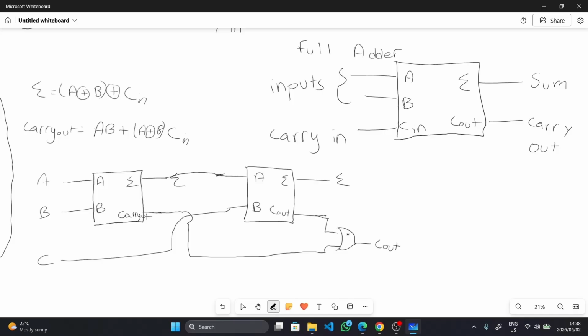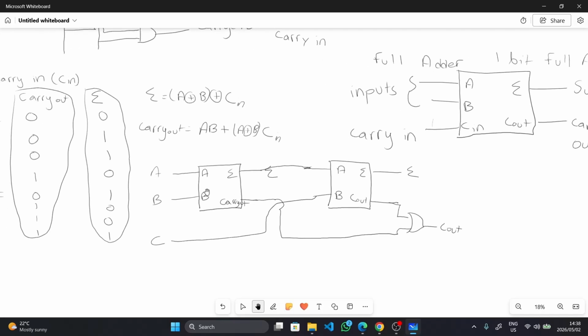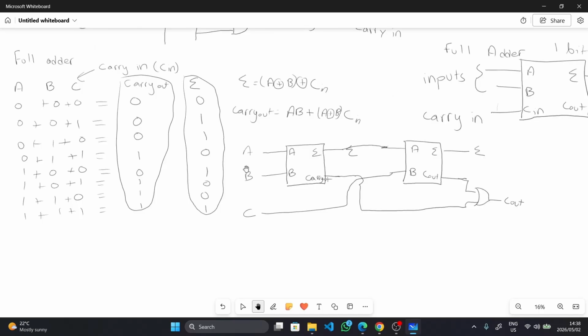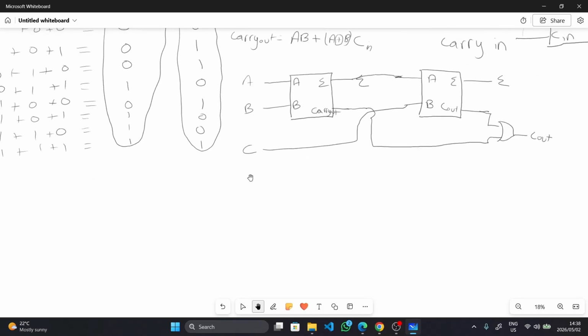So this is our full adder, and you can say it's a 1 bit full adder. So it can perform 1 bit additions. So this is our full adder representation. So this is your full adder and half adder.